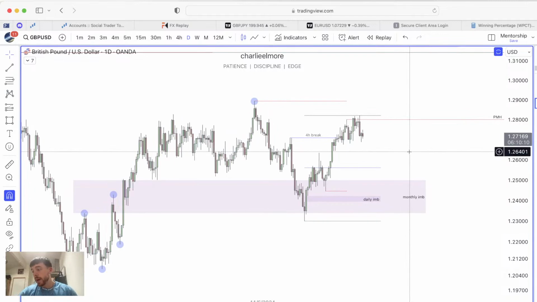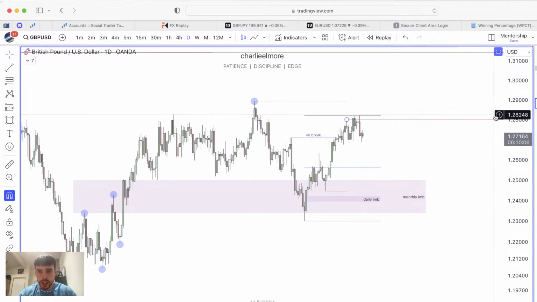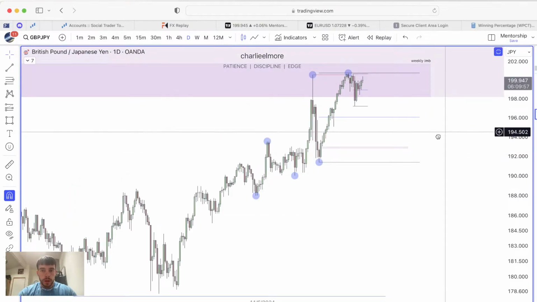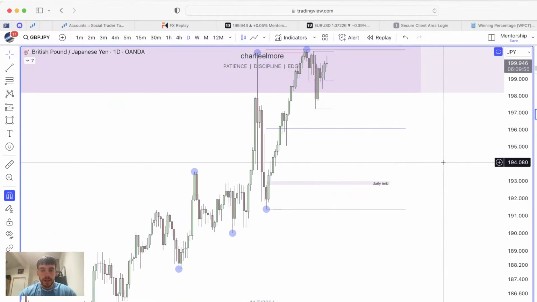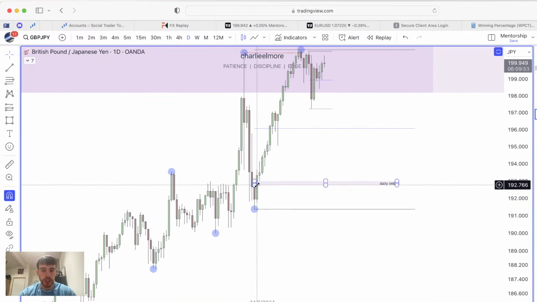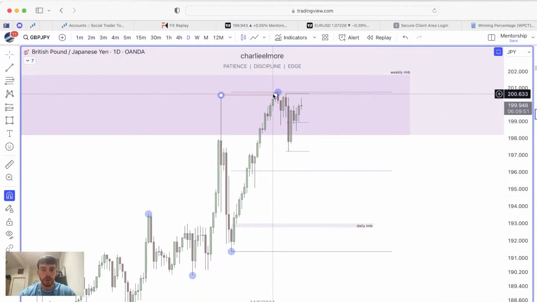And then we can recap to see if that happens. All right. So that's GU. And what I said earlier about it matching up with GJ is because on GJ, if we remember, this is the daily imbalance on GJ that's also aligning with this daily bullish structure.